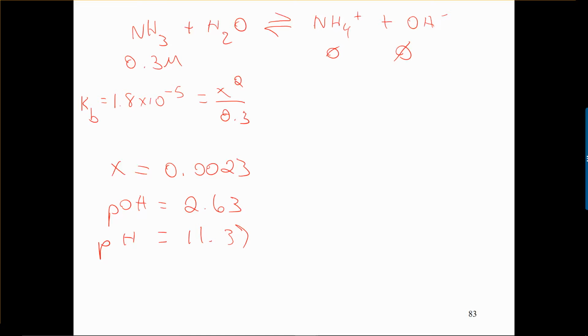So if you have a 0.3 molar ammonia solution, the pH of it should be 11.37. Okay, now that's easy, the start, because we didn't add anything. The question is, what is the pH of a 0.3 molar solution of ammonia? That's A.